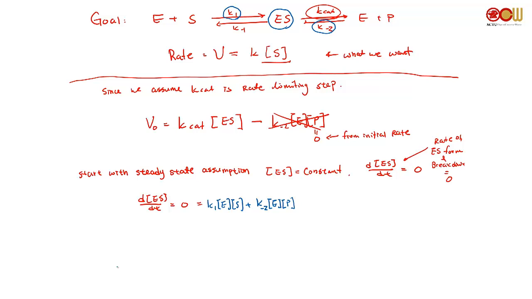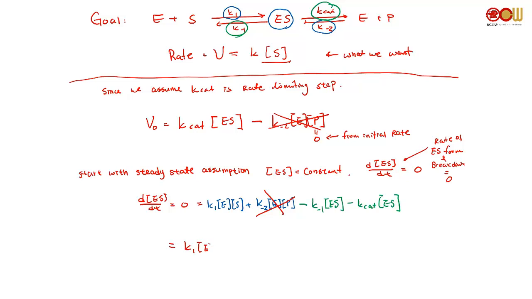Then the ones that consume ES will have a minus: minus k_-1 ES minus k_cat ES. We know anything with a P is out.